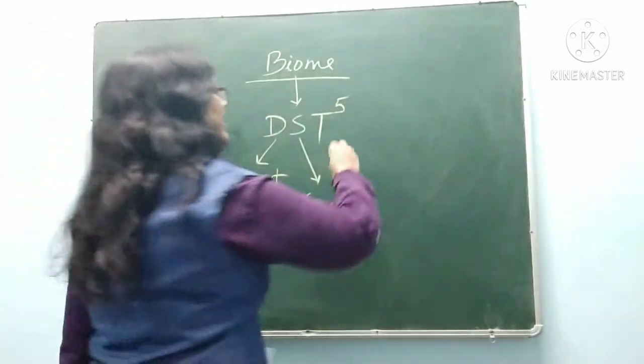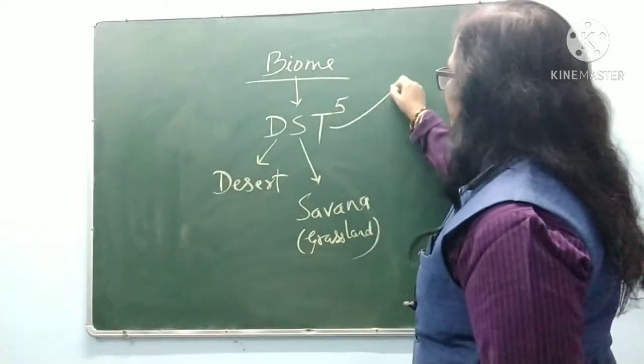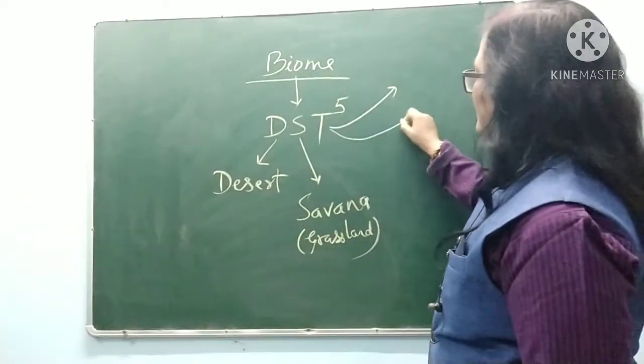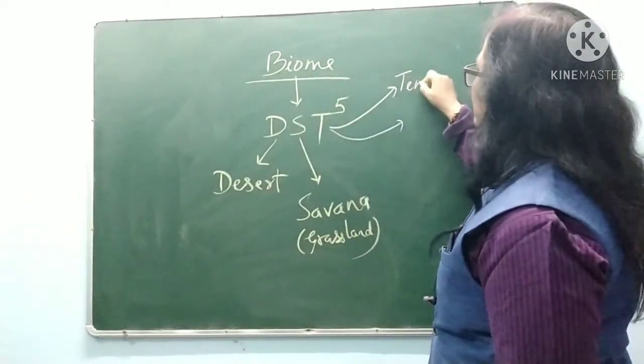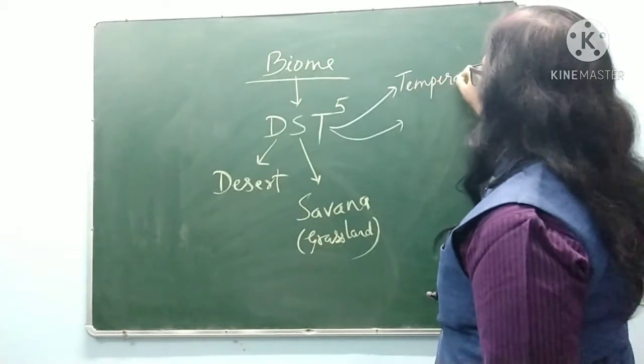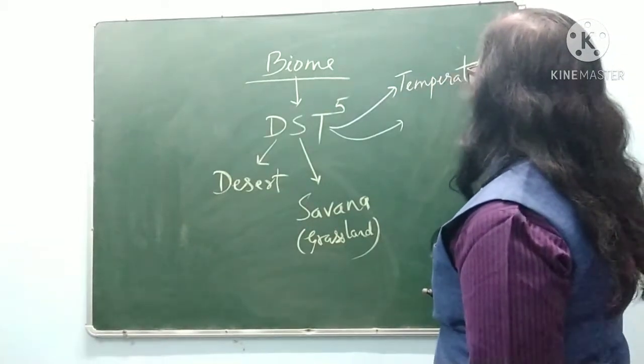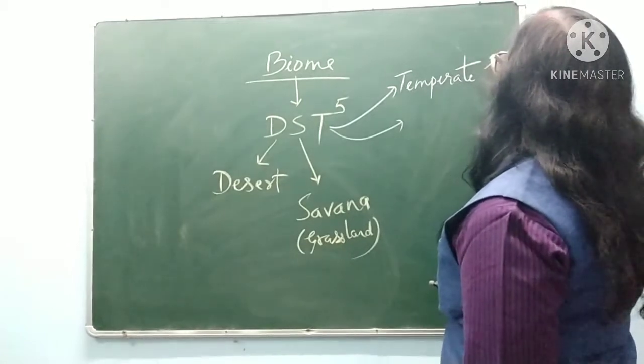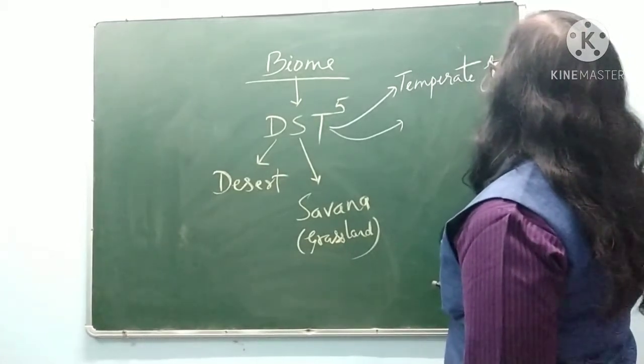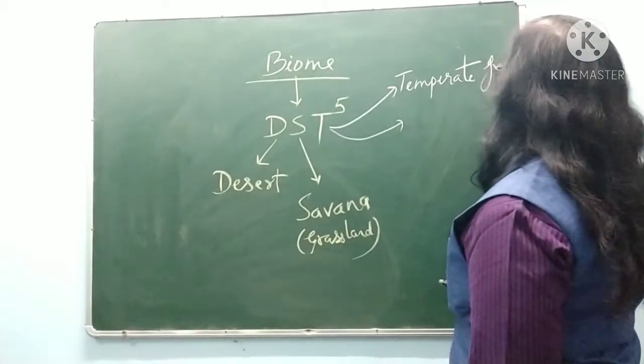Okay, now let us elaborate this T. So you may call it temperate grassland. Let us start with grassland.